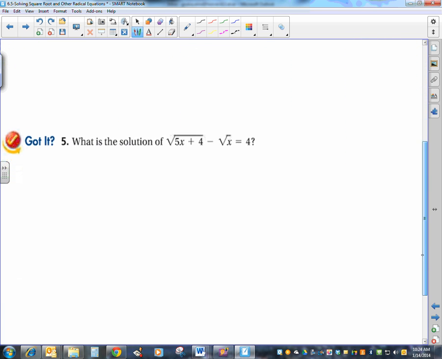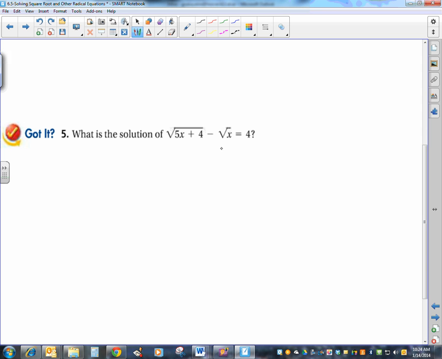This one actually involves two radicals. So when you do this, you want to isolate the, let's say, more complicated radical first. You're going to end up having to square it twice.